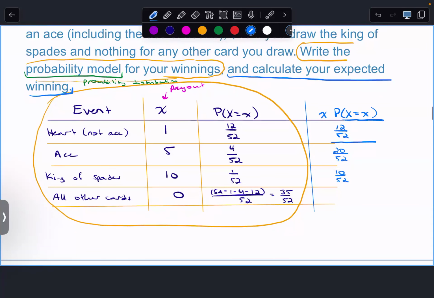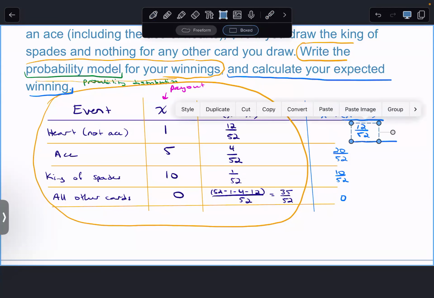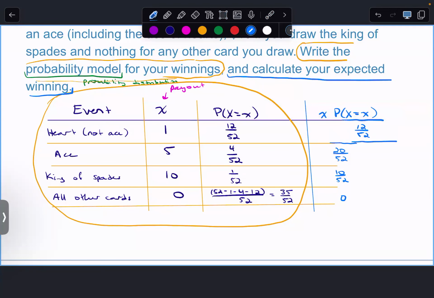And 0 times 35 over 52 is 0. Right? Taking this times this. And you know what? I should probably not be so nonchalant about it. 1 times 12 over 52 is 12 over 52. Clean that up.